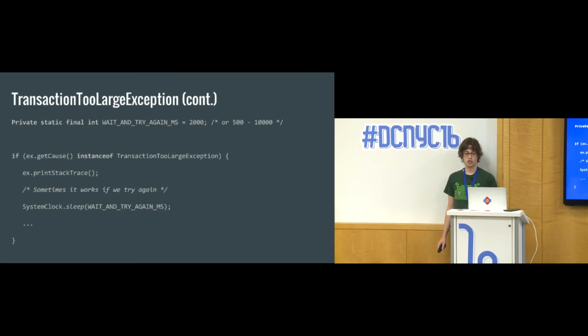If you catch a transaction too large exception, sleep and try again. You can do this in a loop to try 5 times, or you could just do it once. Ultimately, you don't want to do it infinitely, because then you're using a lot of resources and it might just be crashing infinitely. You can also try catch, maybe once you sleep and try again, and then try a different approach.